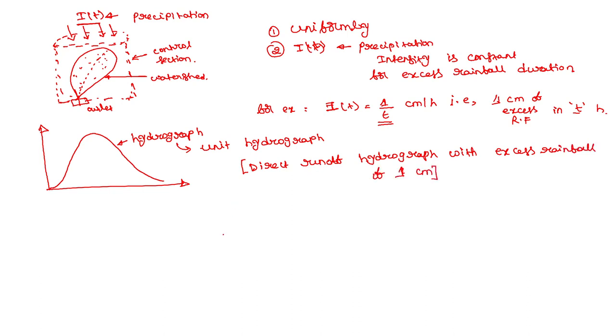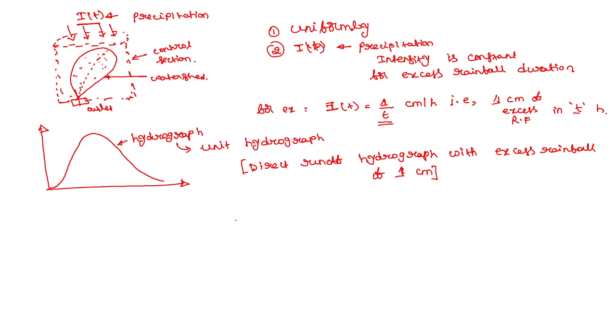Let me ask you this way: what is excess rainfall here? What do you mean by excess rainfall? Excess rainfall is nothing but the amount of precipitation available for runoff after meeting its losses. What are the losses? Infiltration, evaporation, depression storage, retention, all these losses.